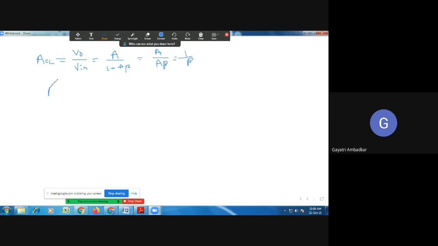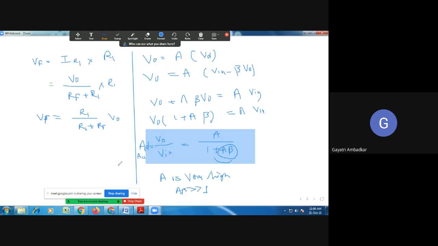So what is the gain? The closed loop gain of the op-amp is 1 by beta. What is beta? Beta is the feedback factor, or feedback gain. And here only we have found this feedback gain.